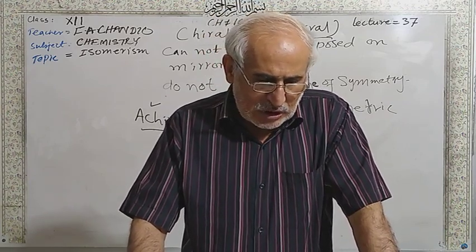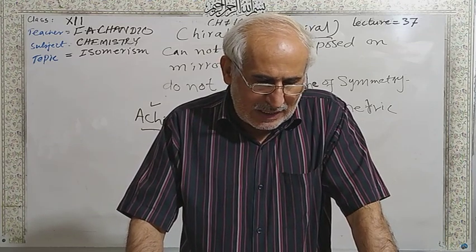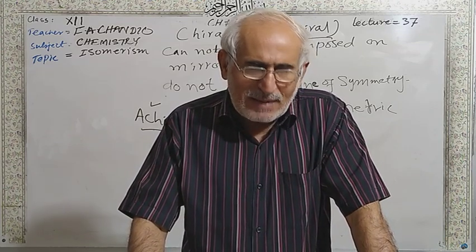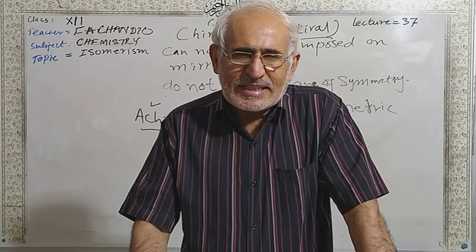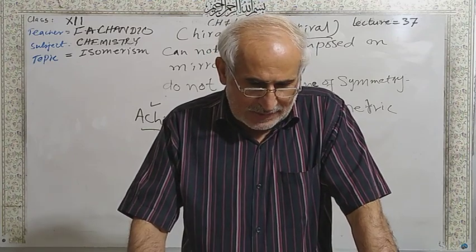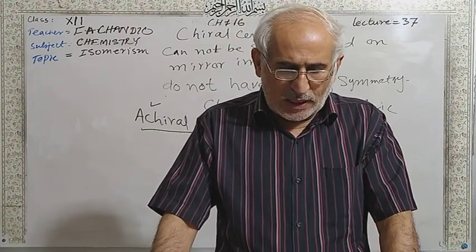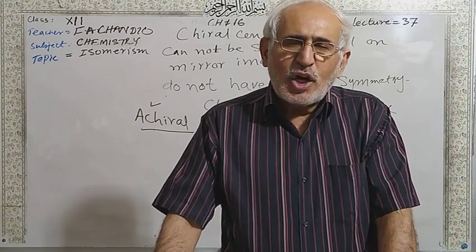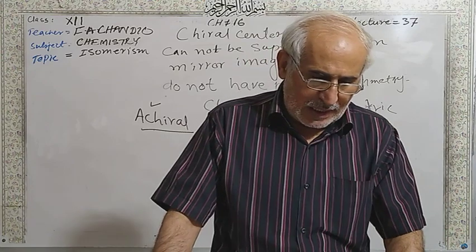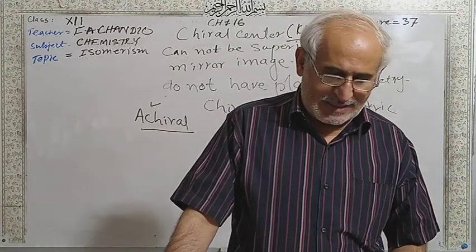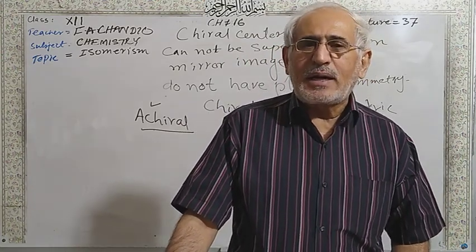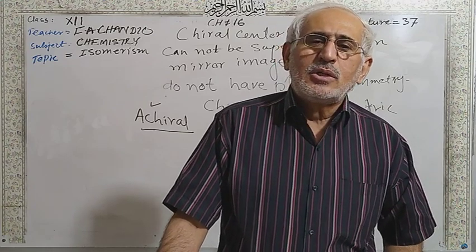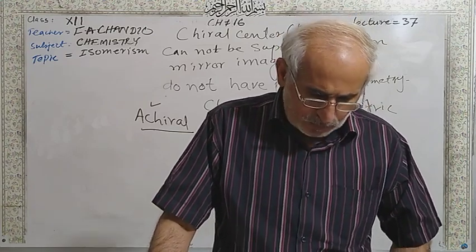But chiral molecules have at least one asymmetric center, dissymmetric center. They do not have a plane of symmetry and are not superimposable on their mirror images, so they are called chiral objects. So I think it is very clear for you.